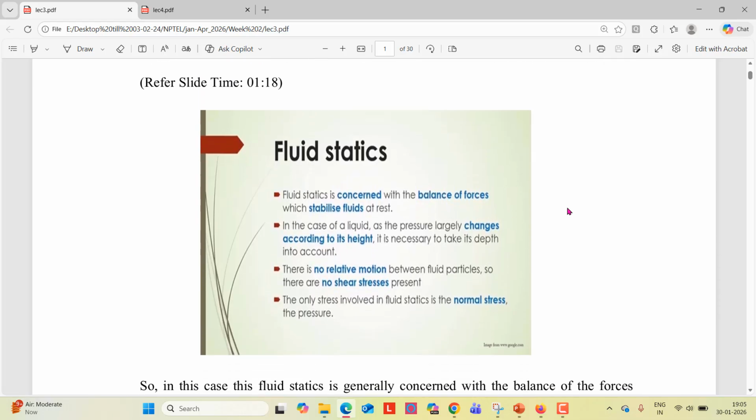I'll first go through the lecture notes that sir has done. So what is fluid statics? Fluid statics is concerned with the balance of forces which stabilizes fluids at rest.